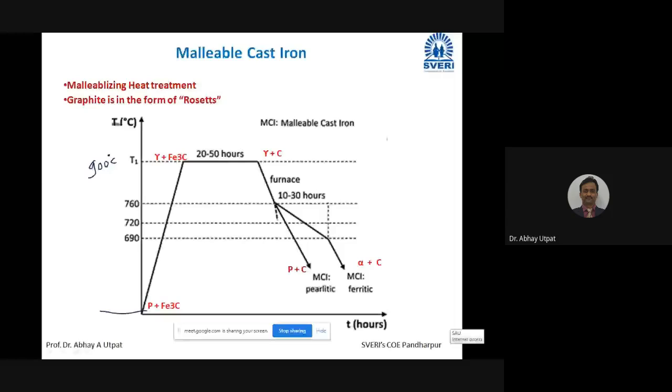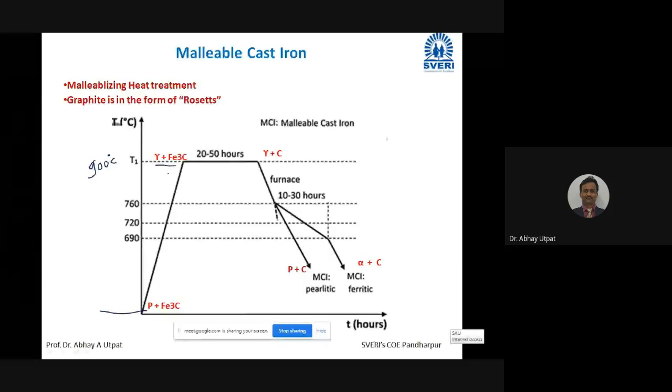As soon as you heat white cast iron up to 900 degrees Celsius, pearlite is not stable above 727, so pearlite is converted into austenite and cementite remains cementite. So the structure is gamma plus Fe3C.